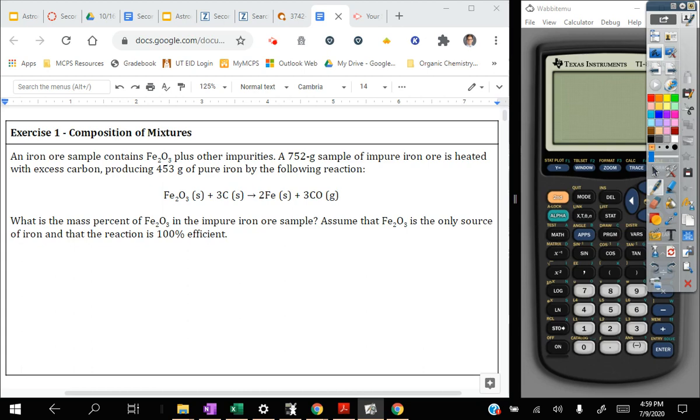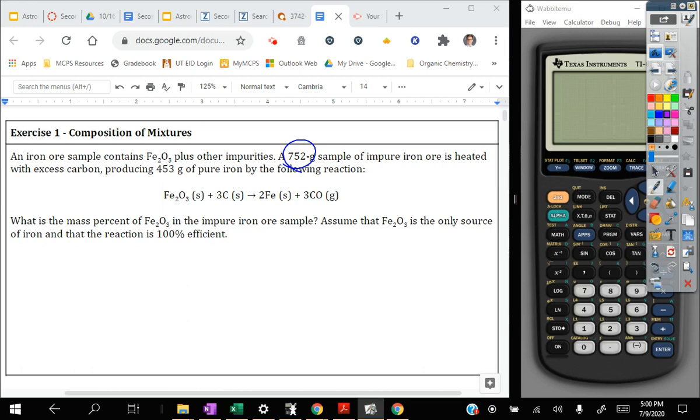So really this is applied stoichiometry and an application of the law of conservation of mass. We can't use this number, the 752 grams, until the very end of the problem because that is the mass of my impure sample. I can't convert grams of impure iron to mole because it wouldn't be an accurate conversion.